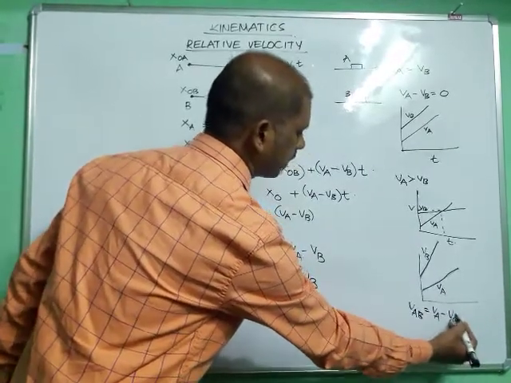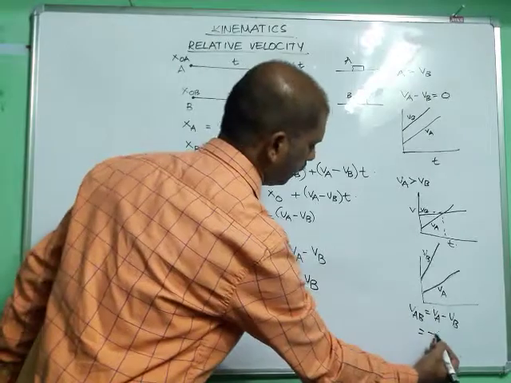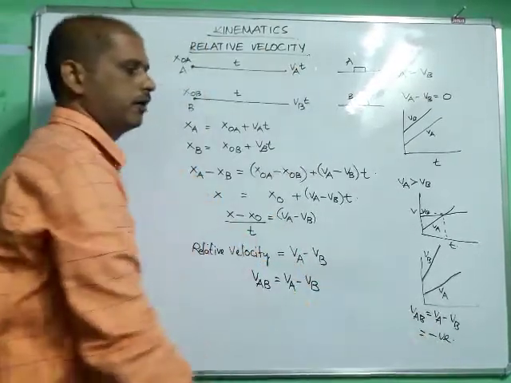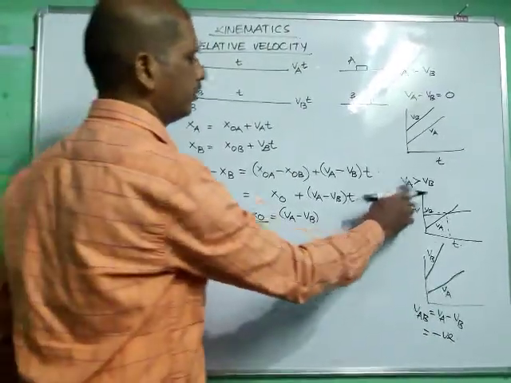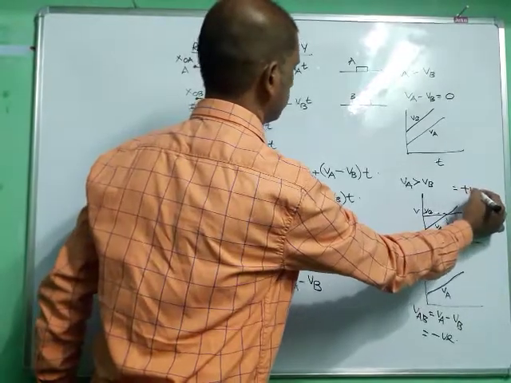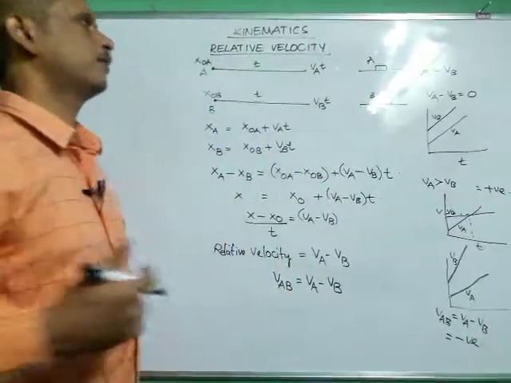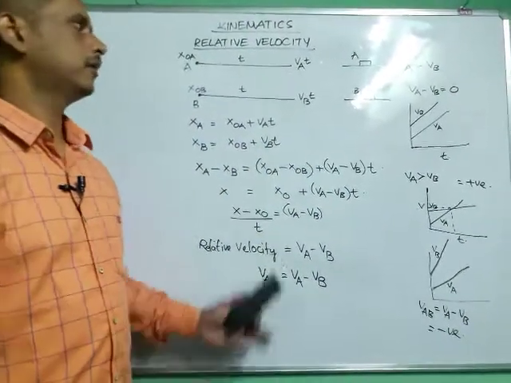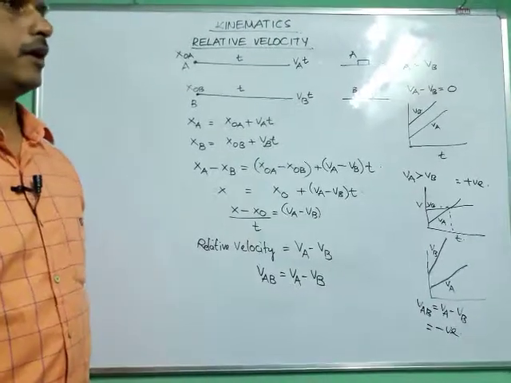If VB is greater than VA, you get a negative value for the relative velocity. Here you get a positive value. Like that you can compare the velocities of given objects, which is known as relative velocity.